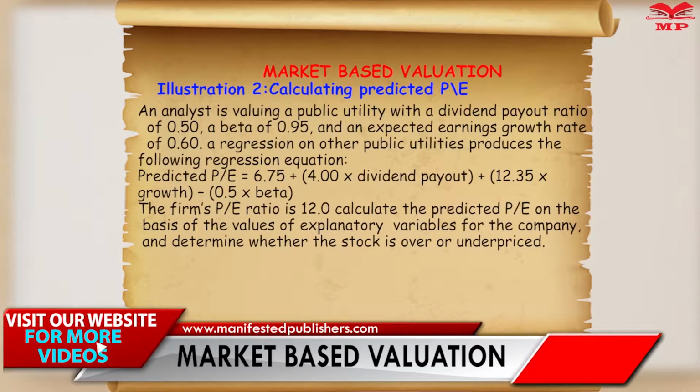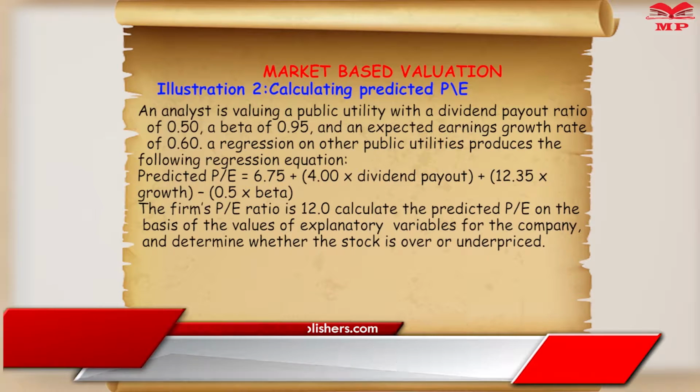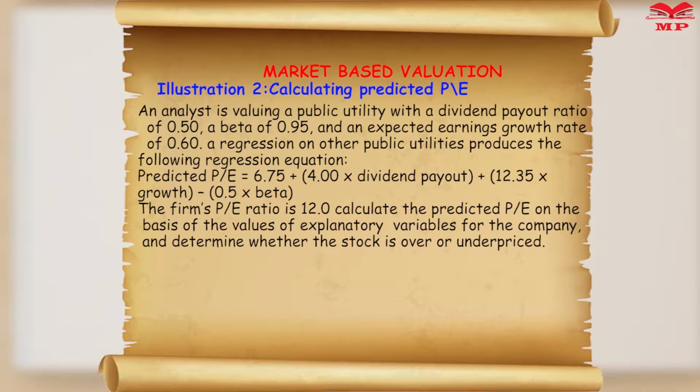An analyst is valuing a private utility with a dividend payout ratio of 0.5, a beta of 0.95, and an expected earnings growth rate of 0.06. A regression on other public utilities produces the following regression equation.